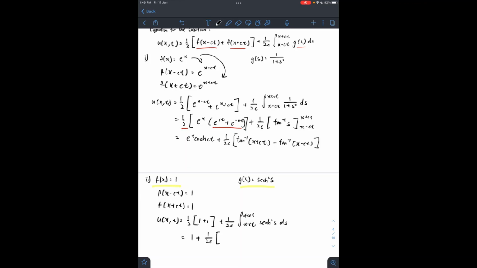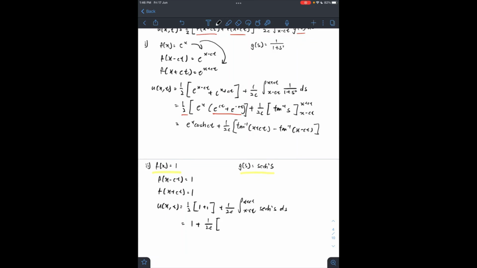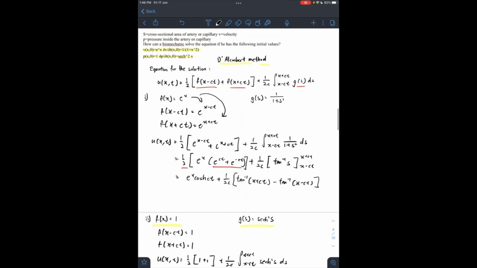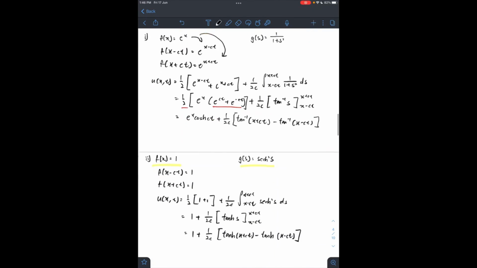After we integrate the hyperbolic secant x, we will become hyperbolic tangent x. So we need to substitute the value into it, minus tangent, yeah. So this is the final solution for the second equation, and the question is done.